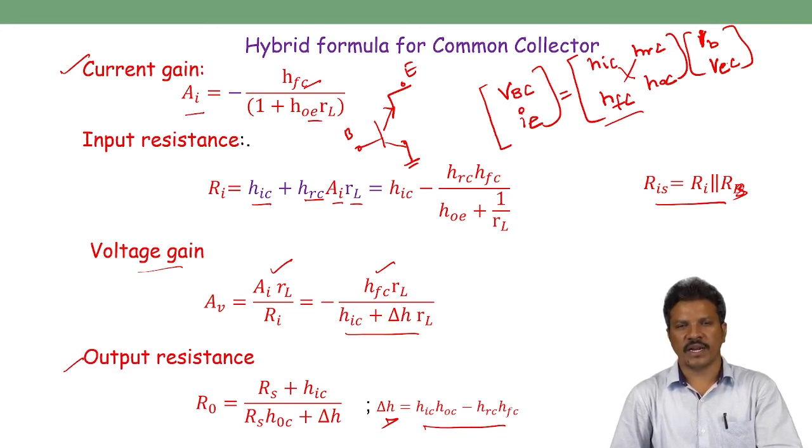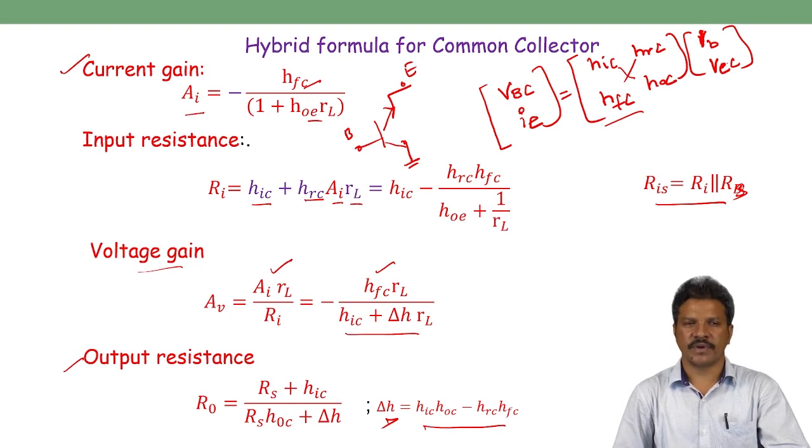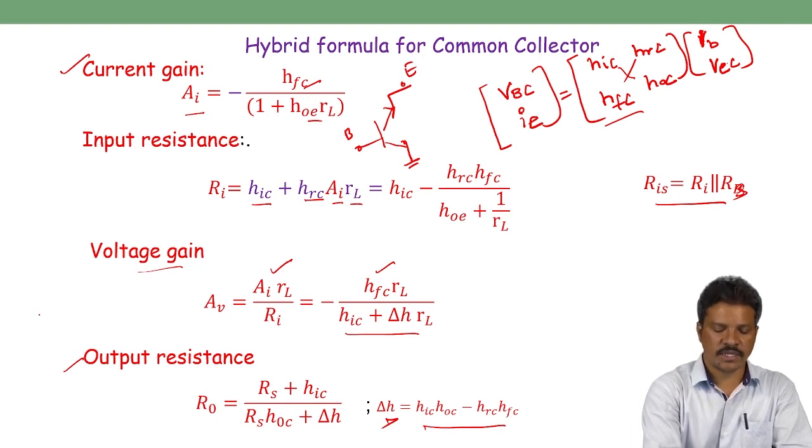For any amplifier, considering all extra biasing, like fixed bias, we can calculate all the parameters while calculating the input resistance. If it is a voltage divider bias CE amplifier, then what is the input resistance? For example, RI we have calculated here. Then what is the total stage resistance?